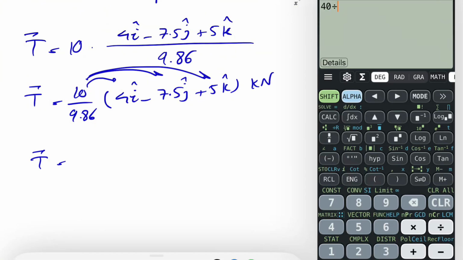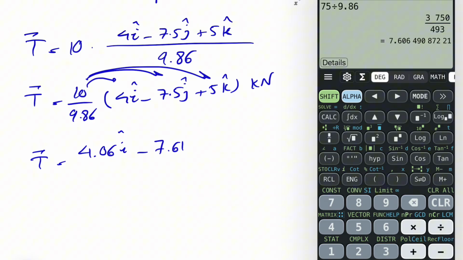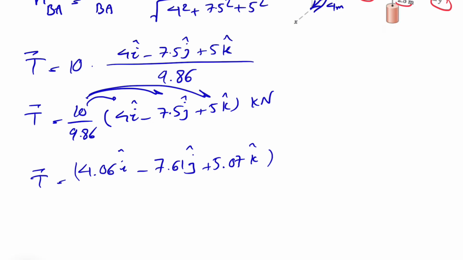So our T would be 40 divided by 9.86. That's going to give us 4.06 i, minus 75 divided by 9.86, 7.61 j, and the last one would be 50 divided by 9.86, which will be 5.07 k, and the unit would be kilonewton.